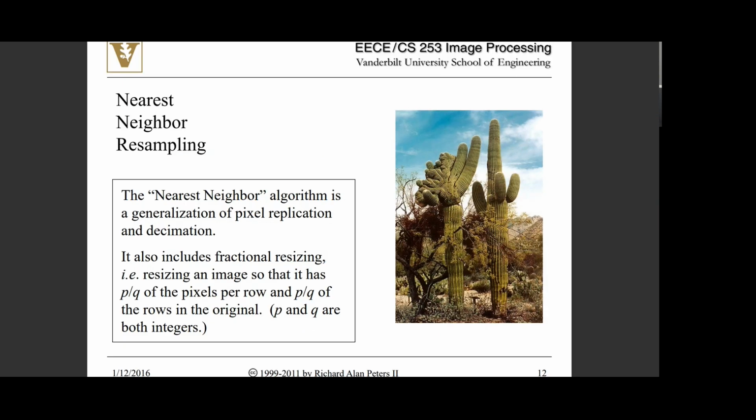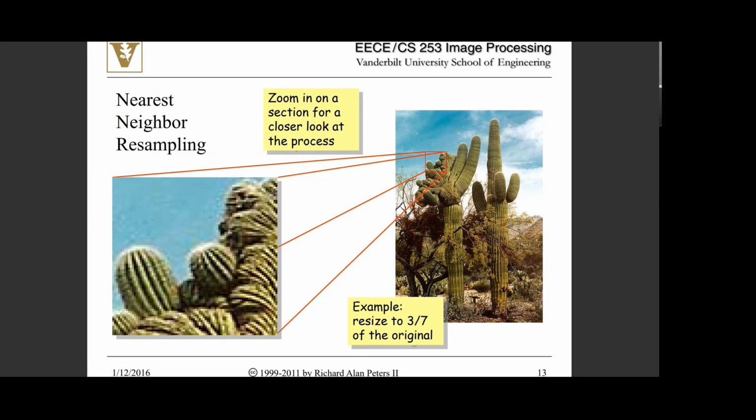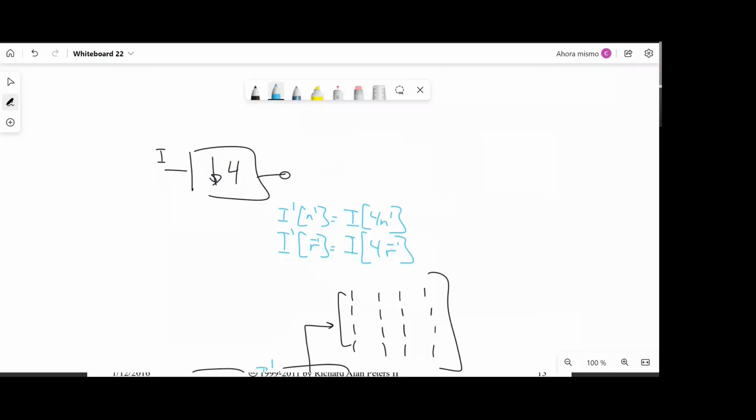So this way of sampling is called nearest neighbor interpolation. Okay, so with integer factors, we did a downsampling or a decimation by a factor 4.